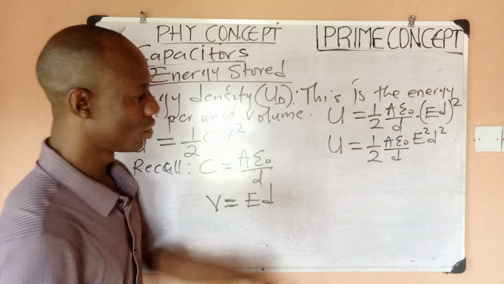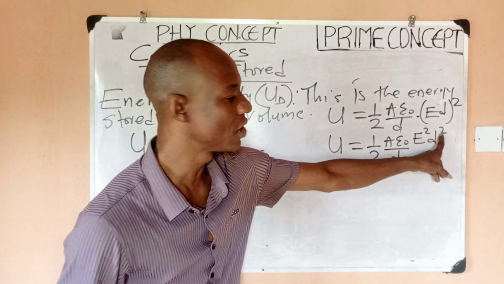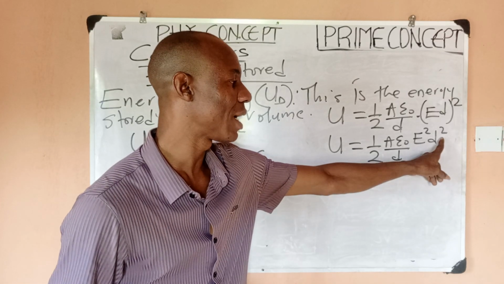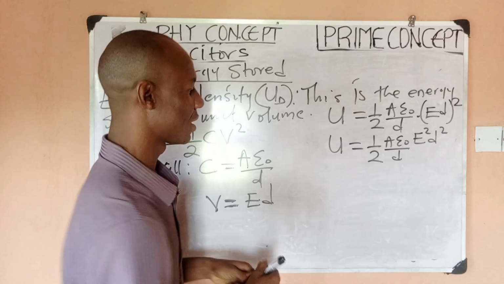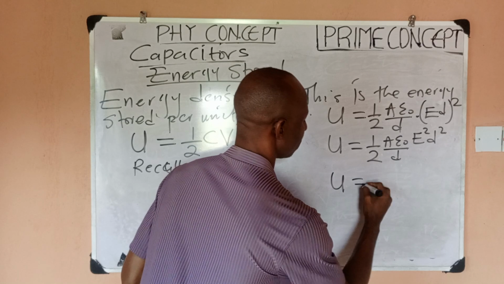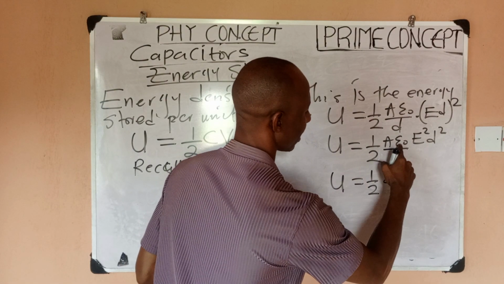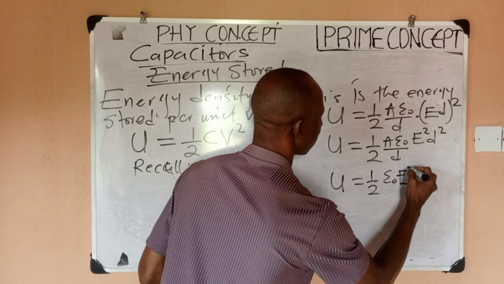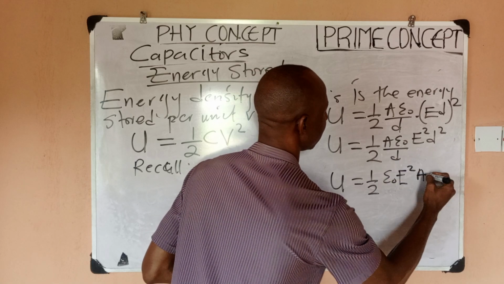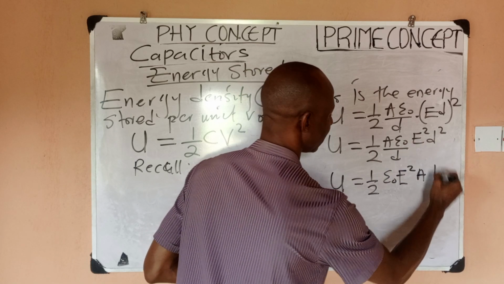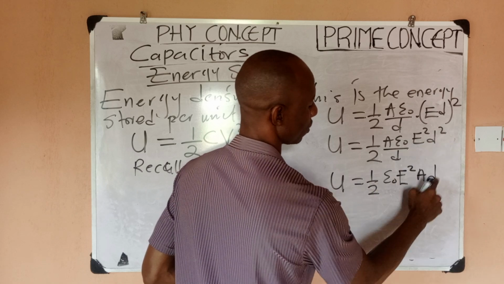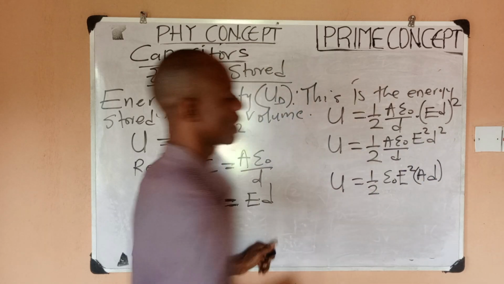Now what do you notice from here? This d would cancel one of the d's here, and you have just one d. So U now becomes half epsilon naught E square A d, because this would cancel one, you're left with one d.